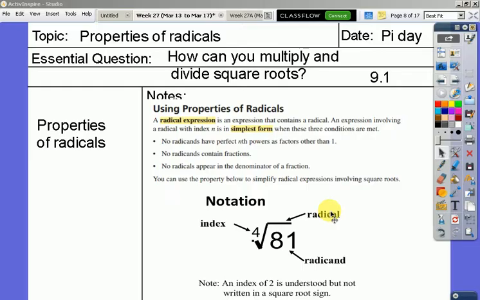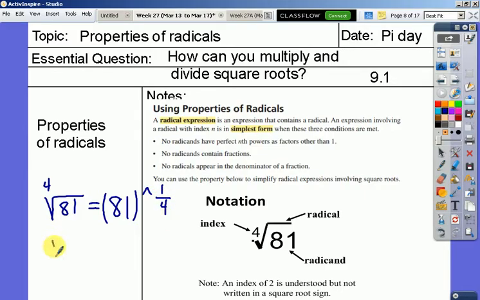Also, on your calculator, just so you are aware, let's say you want to take something to the fourth root, or to the cubed root. If you're going to take 81 to the fourth root in your calculator, there are a couple different ways. One way is to take 81 to the 1/4 power.